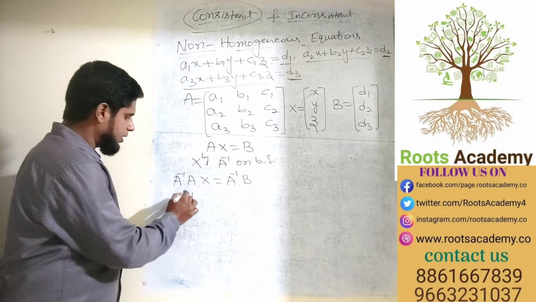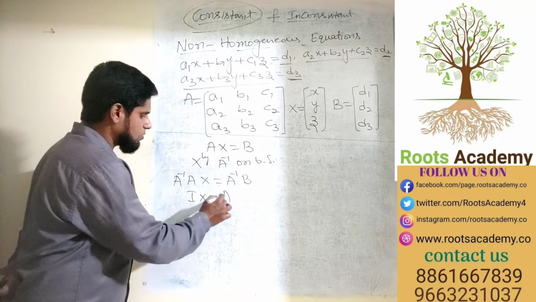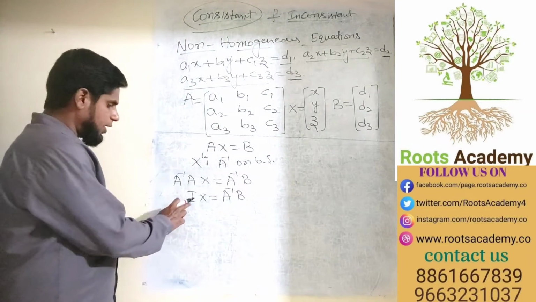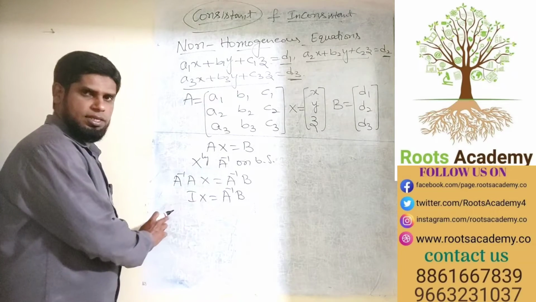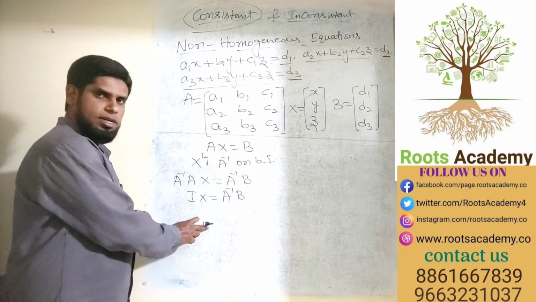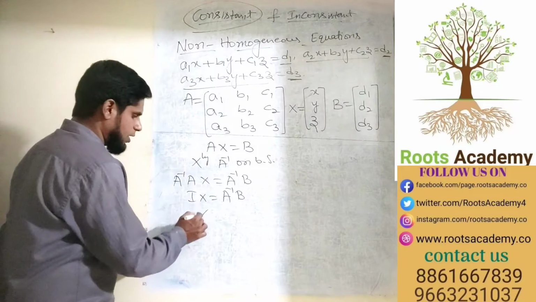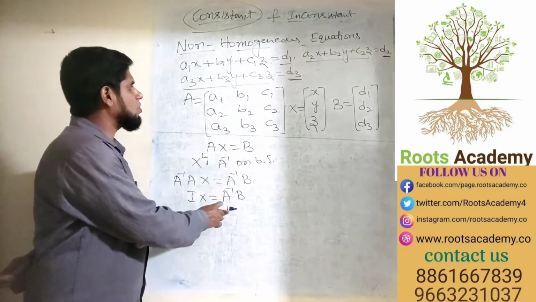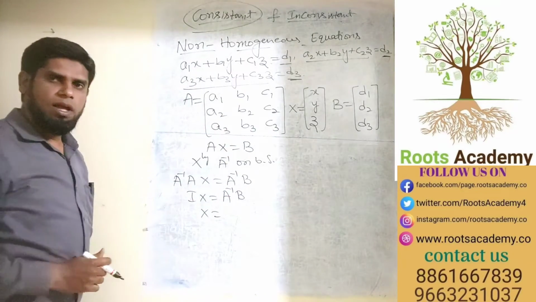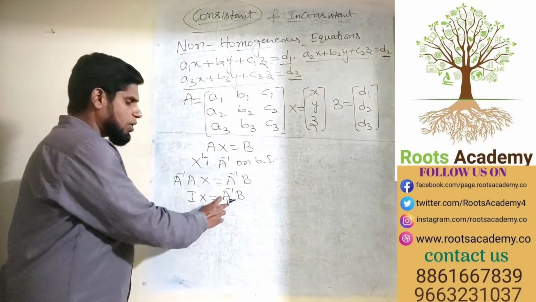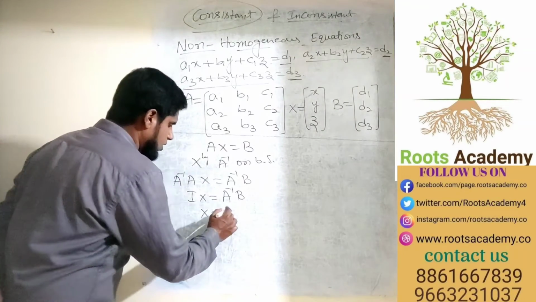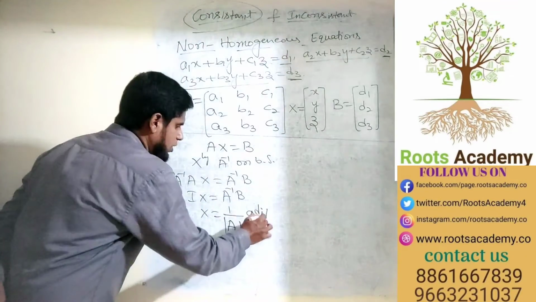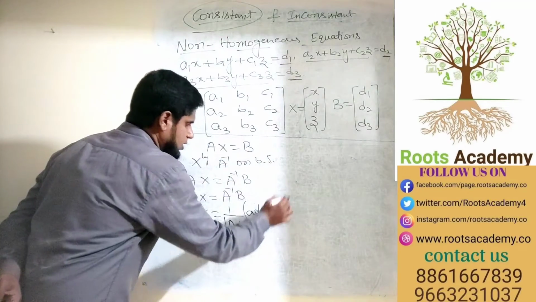That gives identity into X is equal to A inverse into B. We know that identity into X is X, because anything multiplied by identity is that element itself. Here it is, X is equal to A power minus 1, meaning the inverse of this matrix. And just now we discussed the formula to find the inverse of a matrix, that is 1 divided by determinant A into adjoint A, into B as it is.